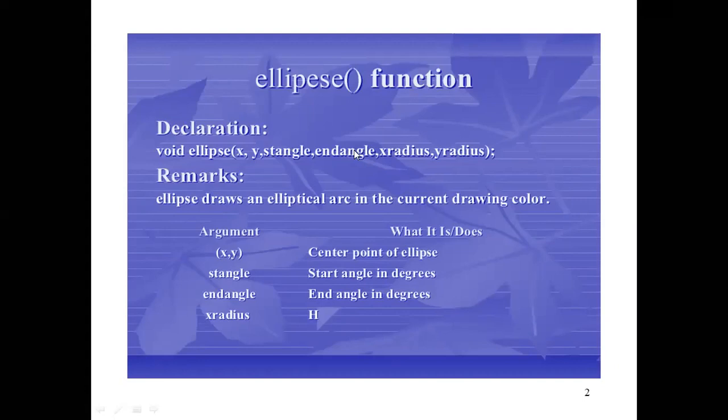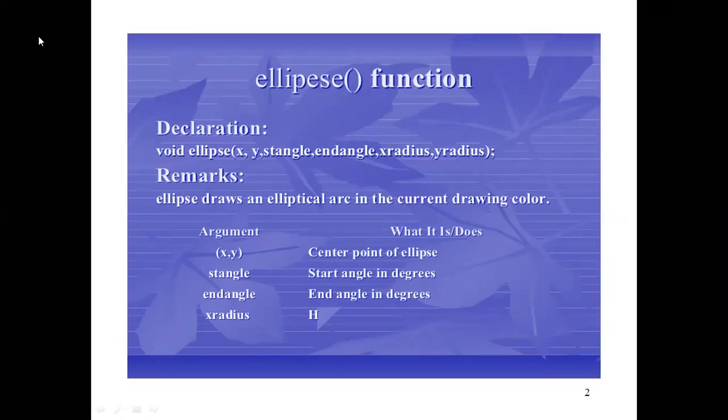Here you will replace the values of x and y, and then st angle means start angle, then end angle, then x radius and y radius. The data will be provided to you in the problem, and then you can draw the ellipse.